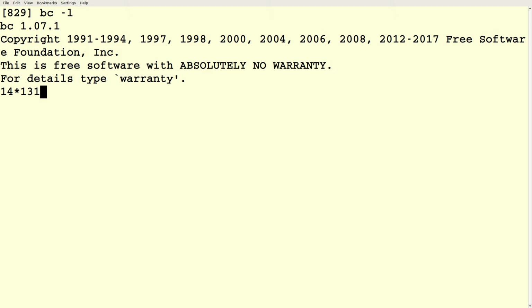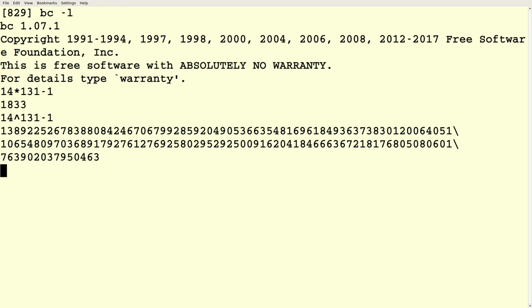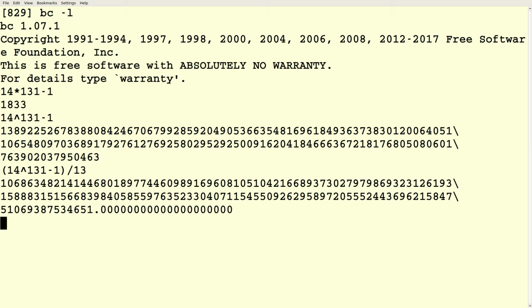So 14 to the 131 minus 1 is this big long number, and if I take that big long number and divide by 13, I get an exact integer. So 14 to the 131st is one more than a multiple of 13.